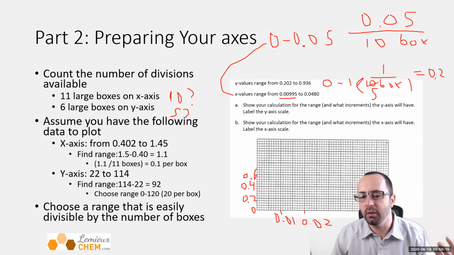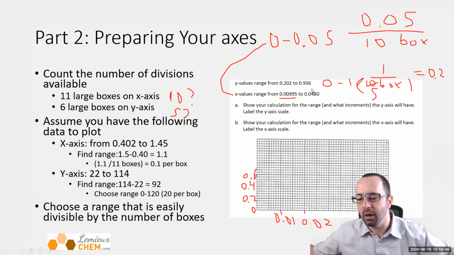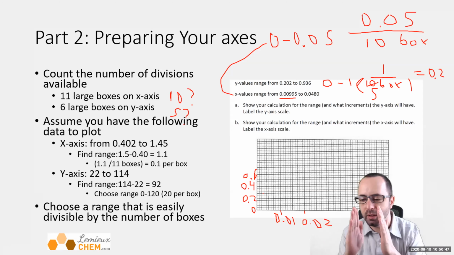And then I choose a range that will include my numbers, but will not be too far away from the ends. This is a good example here, 0 to 1. This includes my numbers, because 0 is less than my lowest number, 0.202. 1 is higher than my highest number, but not by too much, because you don't want to have a huge range but your data is only in this little space, right?